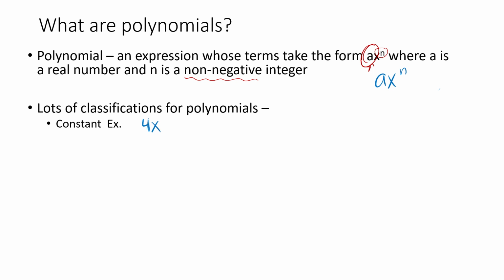If you just saw a 4, and this is something you kind of have to take my word for right now, it's x to the 0. And remember that exponent had to be non-negative. 0 is not negative. So x to the 0 ends up being equivalent to 1, and then 4 times 1 is just 4. And we don't typically write the x to the 0.